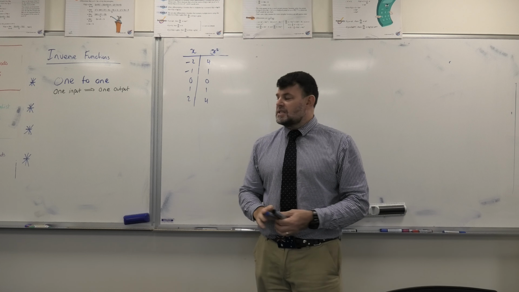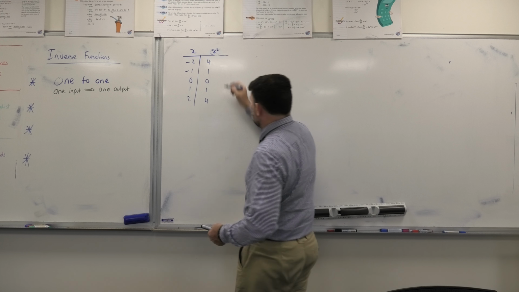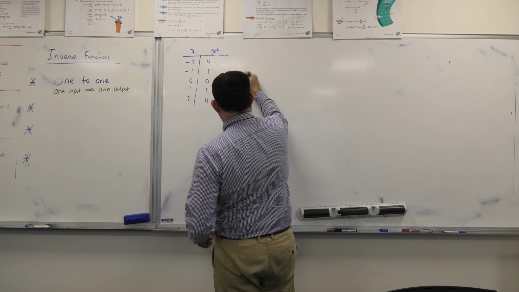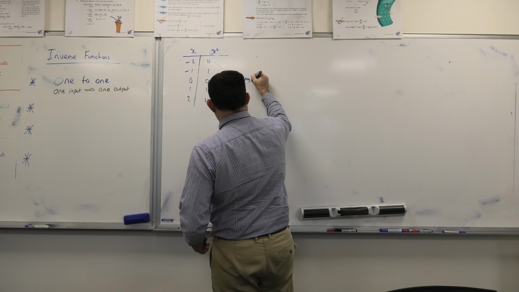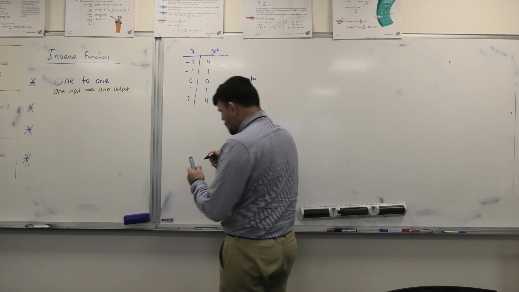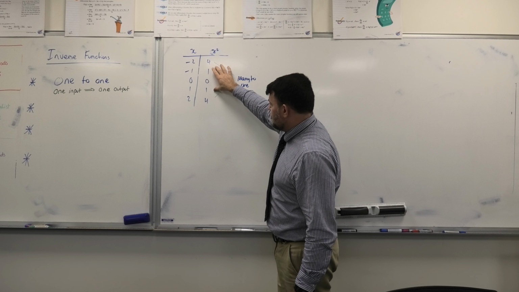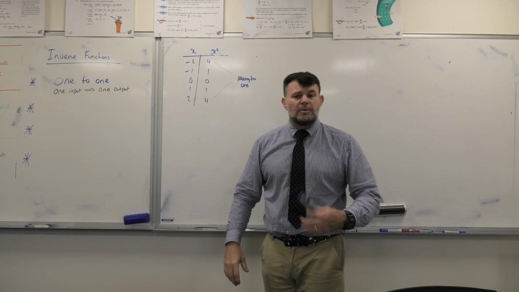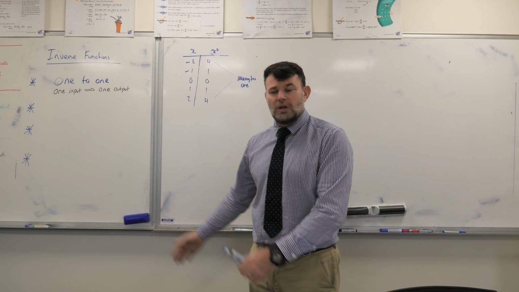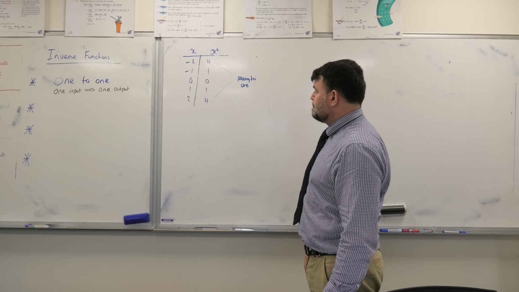What's happening here is that I've got many to one. So I've got multiple answers. I'm getting two answers of the same value from two different points. And we know that from functions, that really is something we've learnt.